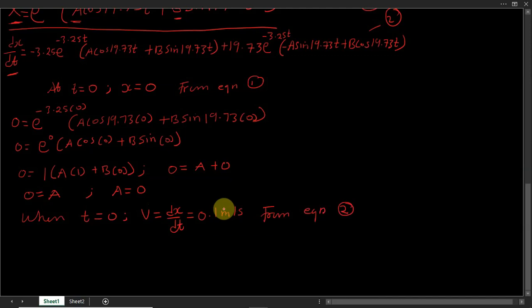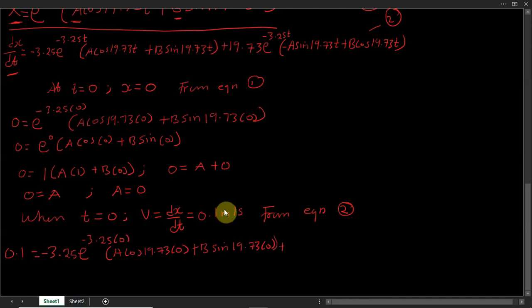So dx/dt here now becomes 0.1, which should yield negative 3.25 e raised to the power negative 3.25 times 0, multiplying the bracket of a cos 19.73 times 0, which is t, plus b sine 19.73 times 0.